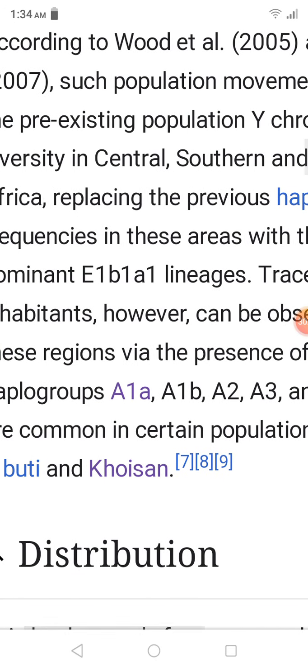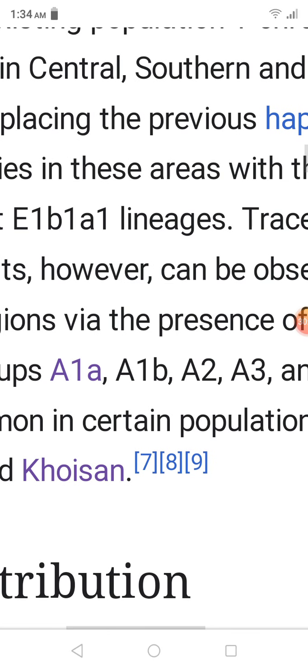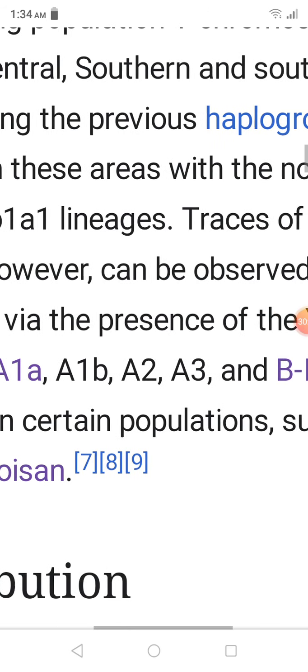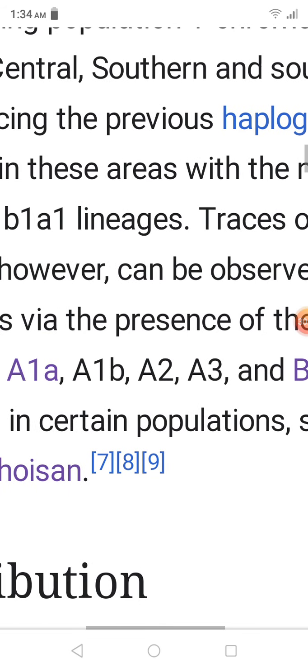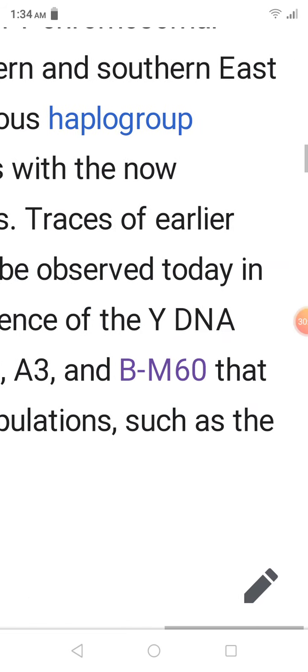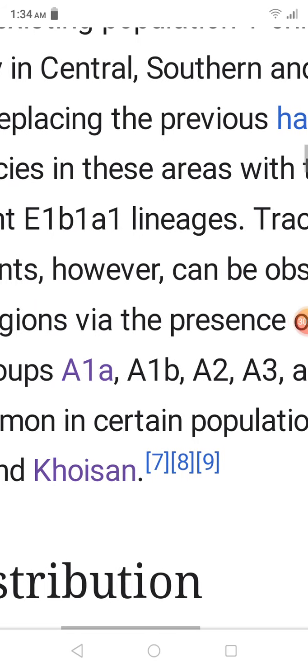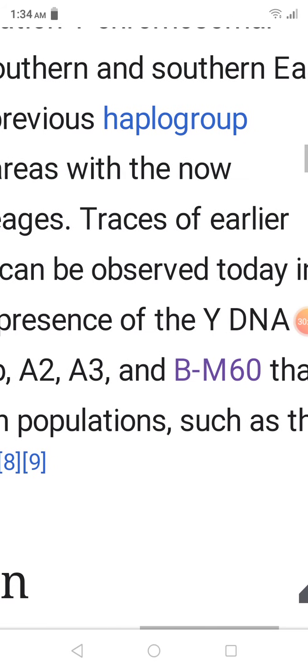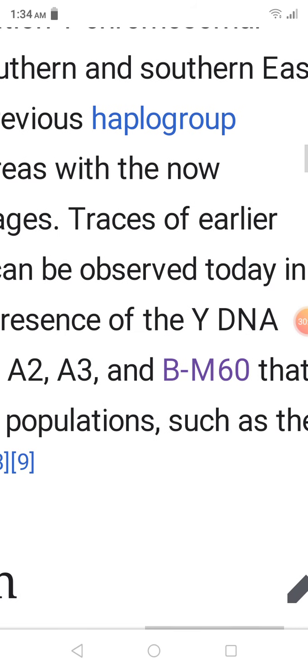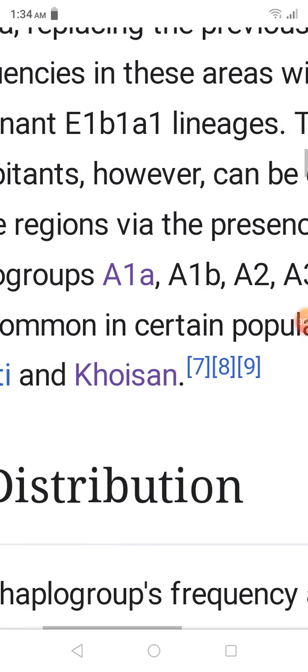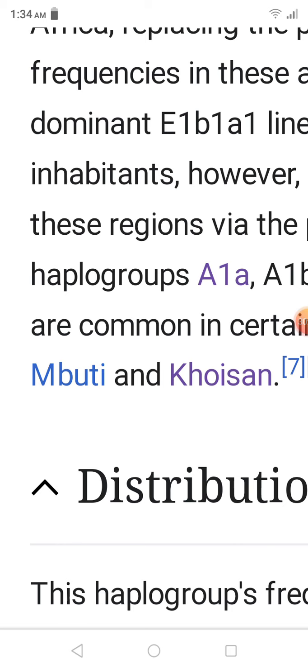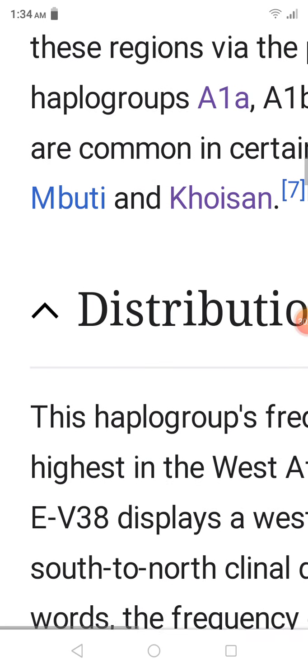And right here, so once again, this is the Hermetic paternal haplogroup for Ham. The A groups and the B groups. These are your native Canaanites and Hamitic people. The Khoisan, the San people, and Mbuti people.